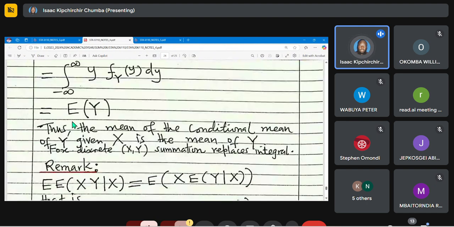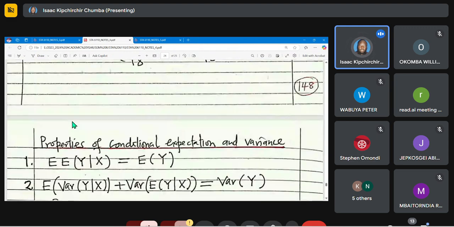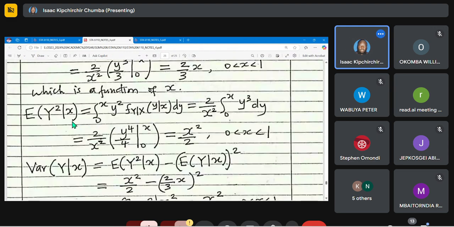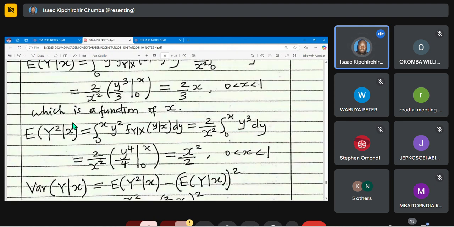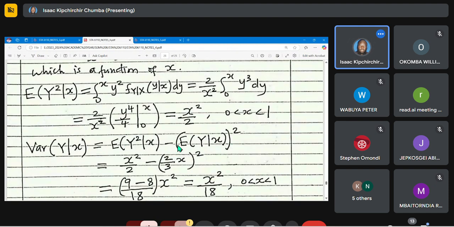We have said when you want to find conditional variance, you just have to use this formula here. Var of y given x is expected of y squared given x minus the square of expected of y given x. That's the formula for conditional variance.